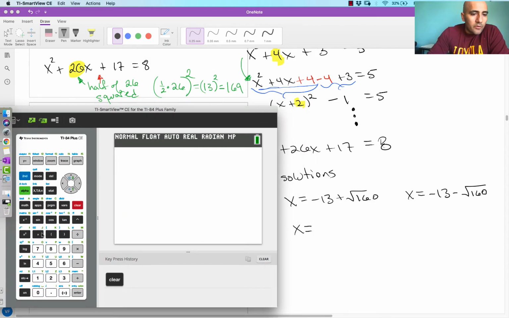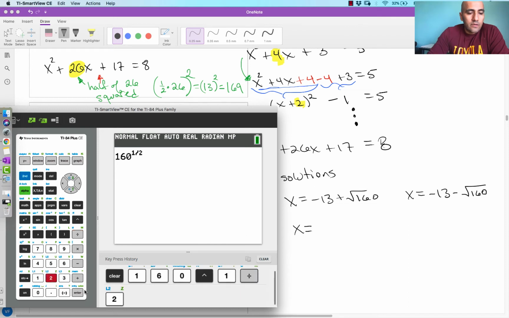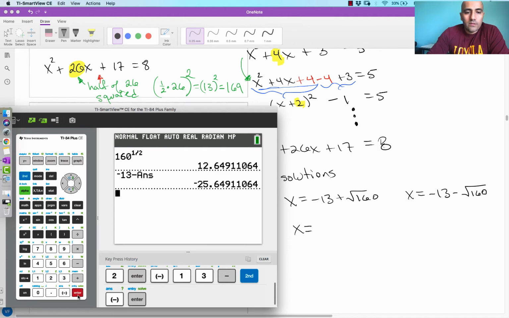Okay, so the square root of 160 is equal to 160 to the power of, and we know we can turn that into a little fraction, 1 divided by 2. That'll be the same thing as the square root of 160. So it looks like it's 12.6491164-ish. Okay, and so we'll have negative 13 minus that number as one value, and the other one is going to be negative 13 plus that value.